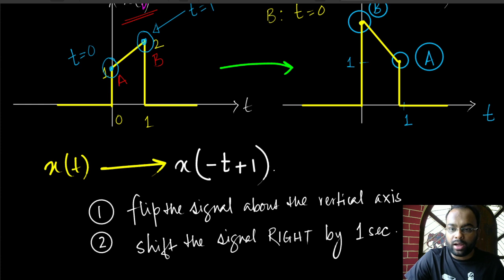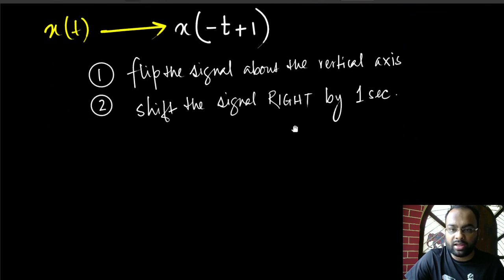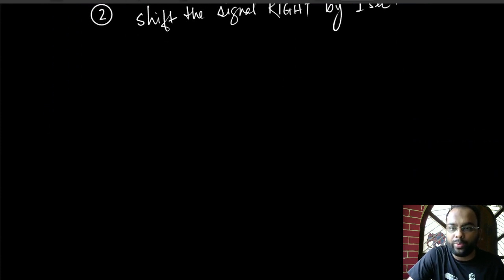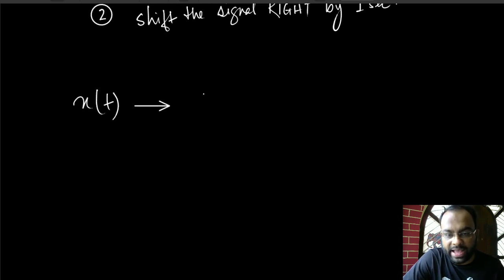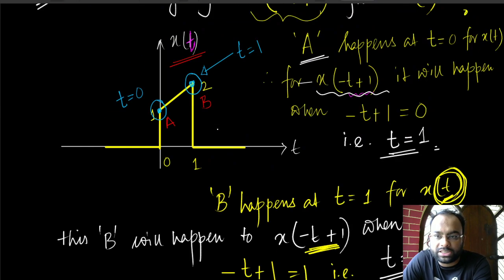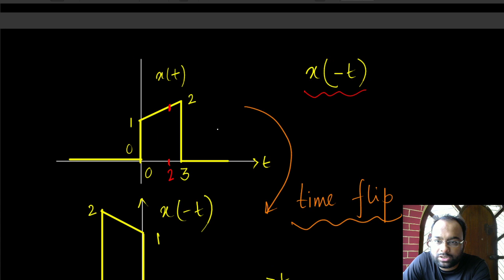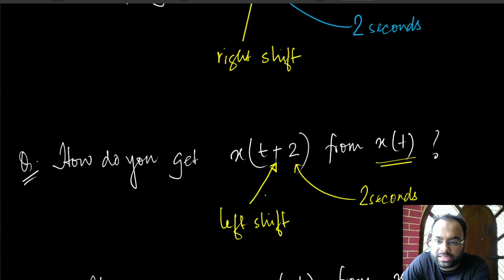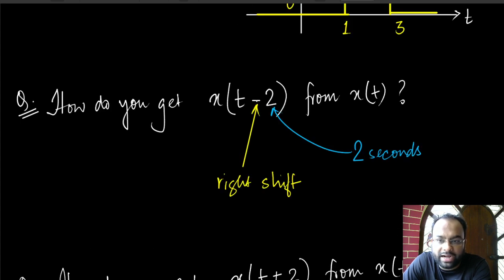So if you can follow this far, let's again recall what we just did. We wanted to get from x(t) to x(minus t plus 1), right? But previously, what did we establish? We established that if you have a plus sign here, that indicates it's a left shift, and if you have a minus sign here, this indicates it's a right shift in time.